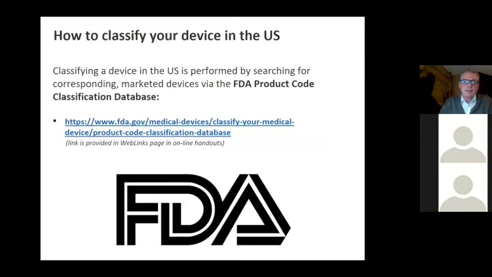I provided the link to it here, but you'll also find that link in the web links page in the online handouts. I would encourage you to go in if you have an interest in this. If you go onto that link, on the right-hand side, you'll see PMA database and you'll see 510K database. And those will be your pathways in to look at various types of devices that may apply to the product that you wish to bring to market.